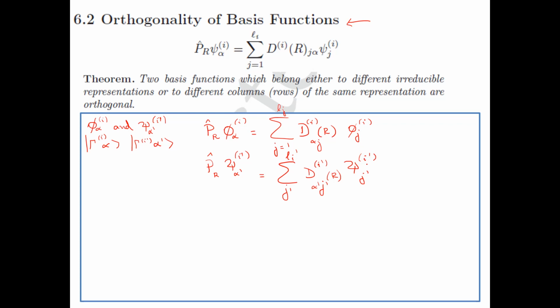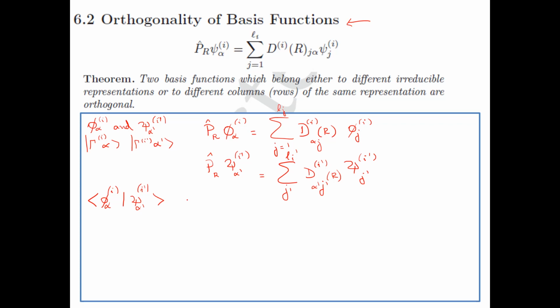Okay. Now this is a crucial point. Let me calculate now the scalar product between those two basis functions. Let me calculate this scalar product. And the bottom line is that this is a number.